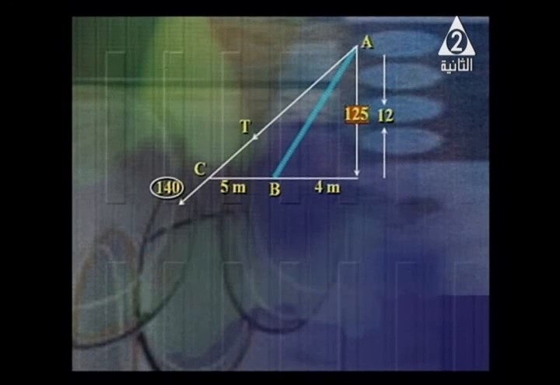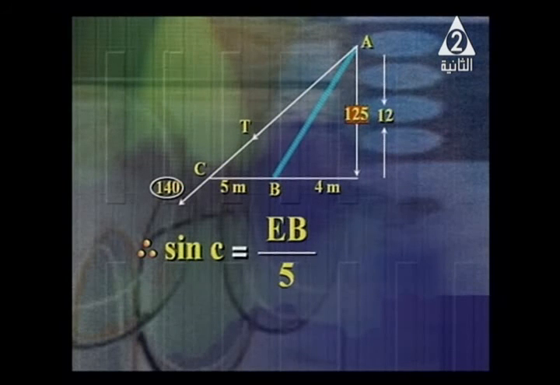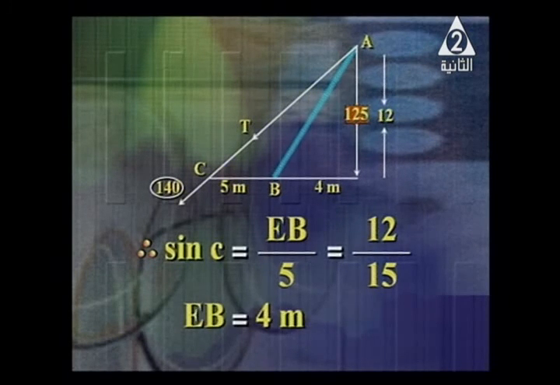Then the relation is sin C equals EB over 5 equals 12 over 15. By cross multiplication, we find the length of EB equals 4 meters.